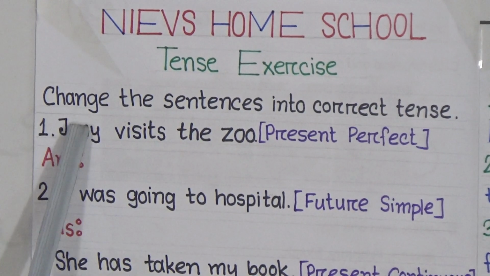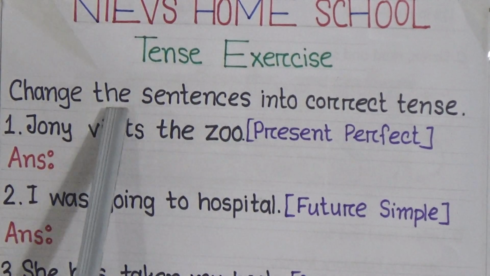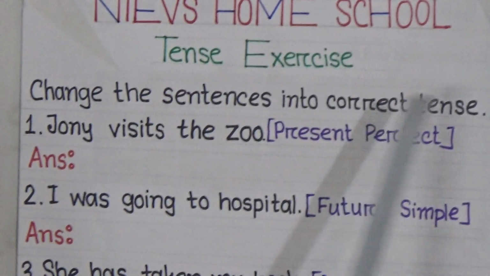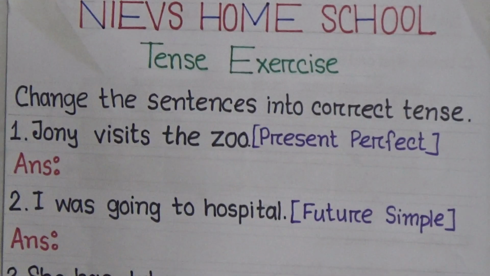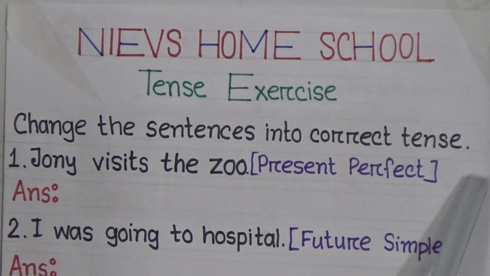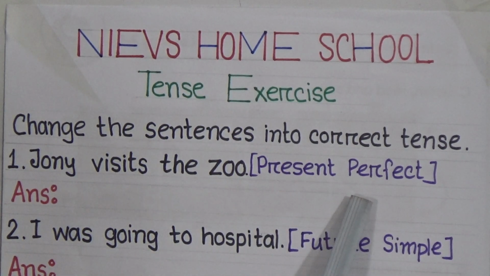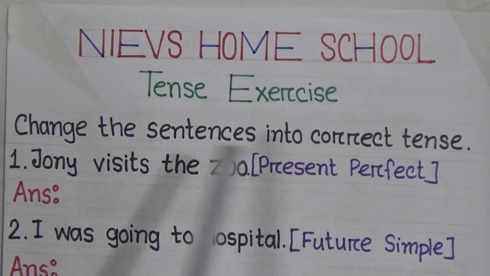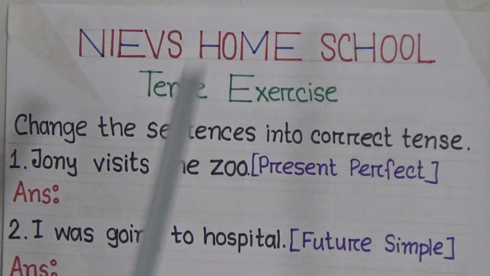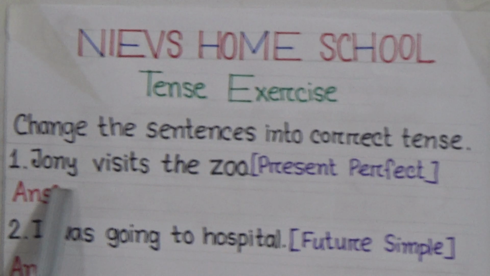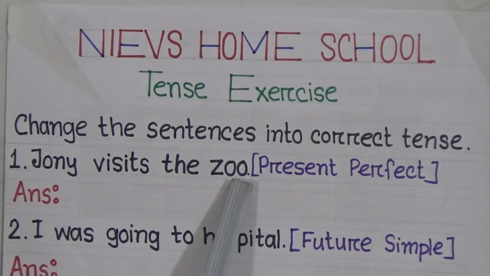Students, the question is change the sentences into correct tense. Here some sentences are given and in bracket the name of the tense is given. You have to change the sentence into the given tense. So our first sentence is Johnny visits the zoo.